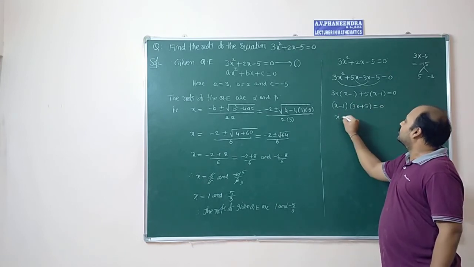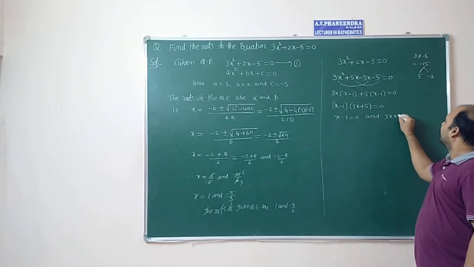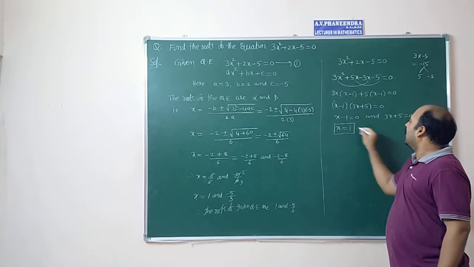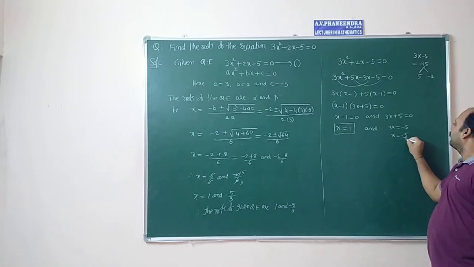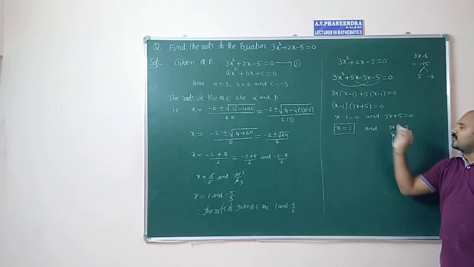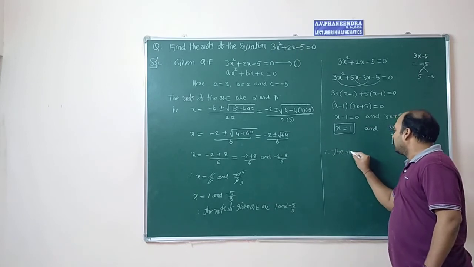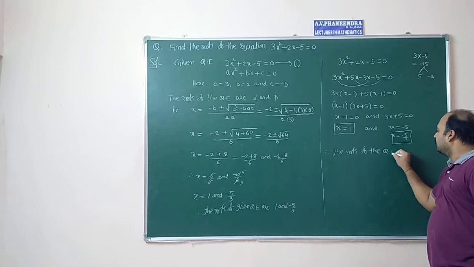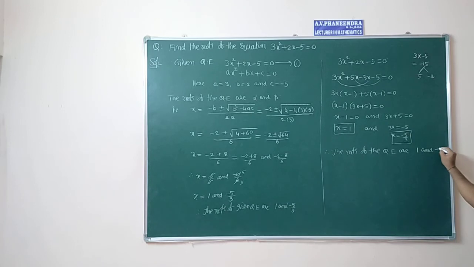So x minus 1 equal to 0 and 3x plus 5 equal to 0. So x is equal to 1 and x is equal to minus 5 by 3. This is alpha, this is beta. Therefore the roots of the quadratic equation are 1 and minus 5 by 3.